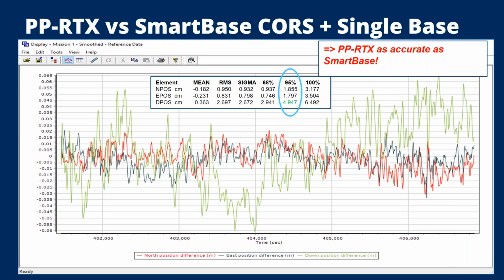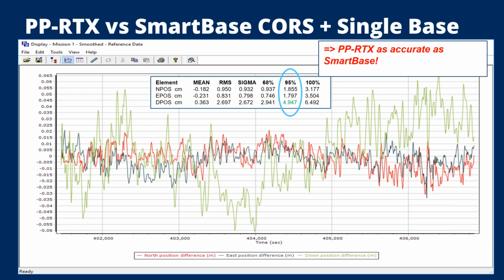There is an important point here that we need to separate real-time RTX and post-processed RTX. This presentation was on post-processed RTX. And to use post-processed RTX, you do not need to have any real-time setup. You don't need to have corrections being streamed into your APX while it's flying. You can simply collect flight data the same way you would if you are using a physical base station.